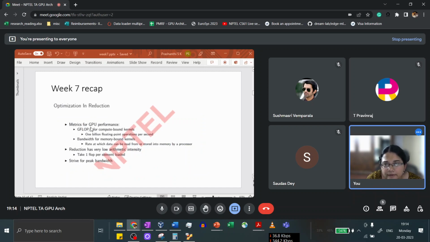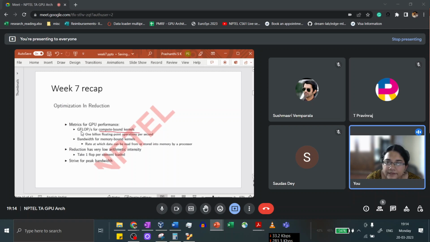Coming to how you measure performance. If it's a compute bound kernel, where compute is the bottleneck, we will look at gigaflops per second, which, as we spoke about earlier, measures the number of floating point operations per second. And if you're talking about memory bound kernels, we look at the bandwidth. You would have noticed that in the example kernel taken in class, we looked at both of these metrics to see how our optimizations improve the compute part and the memory part.